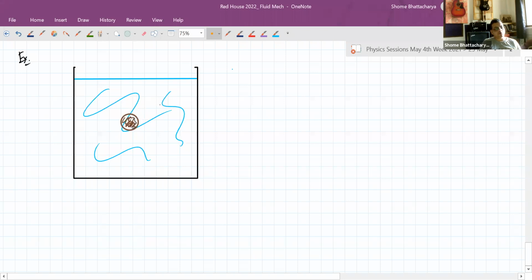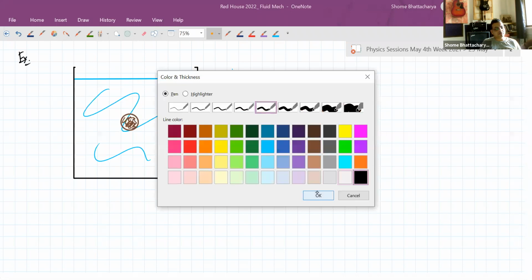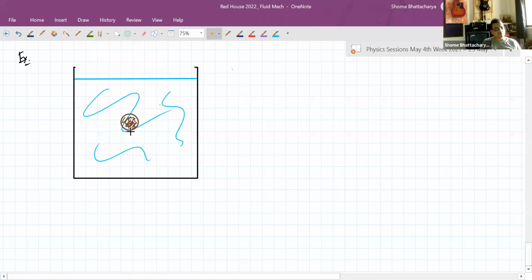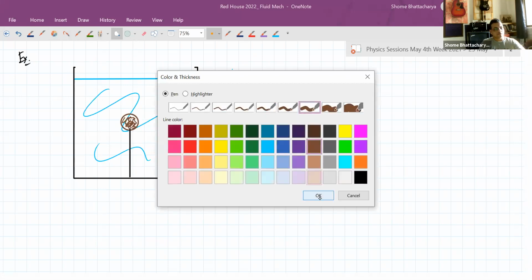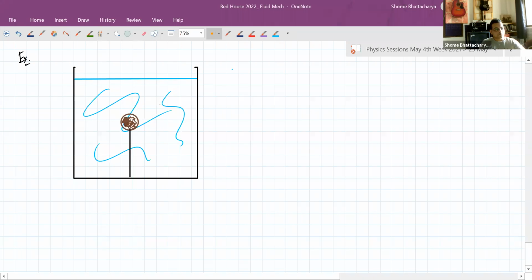So we have a wooden bob which is kept stationary inside the water like this by tying it to a thread which is like this. So the shape need not be perfectly spherical, whatever be the case.